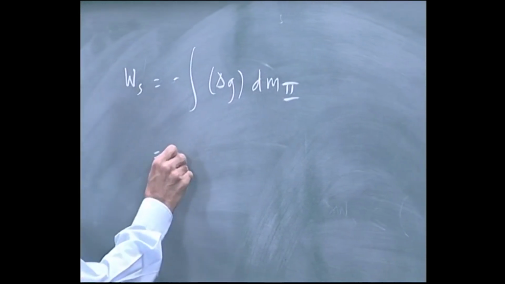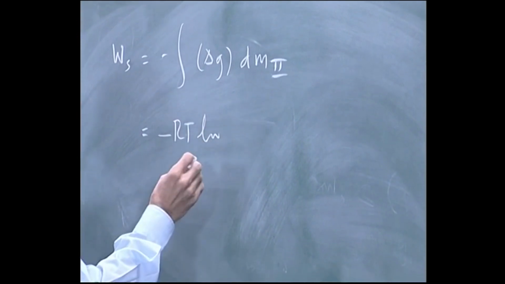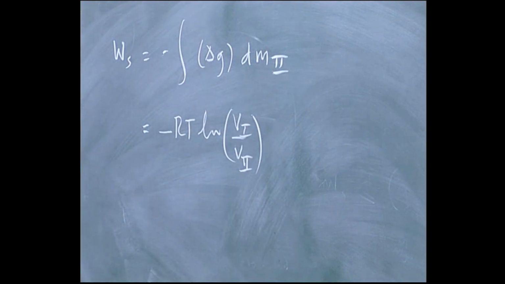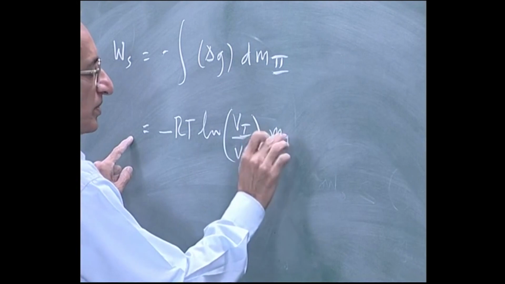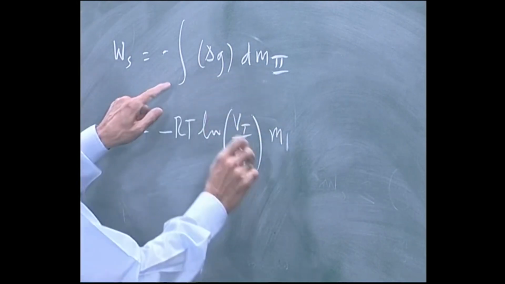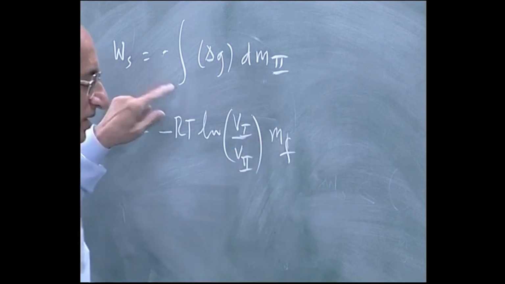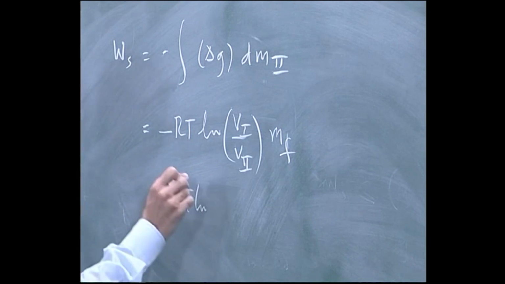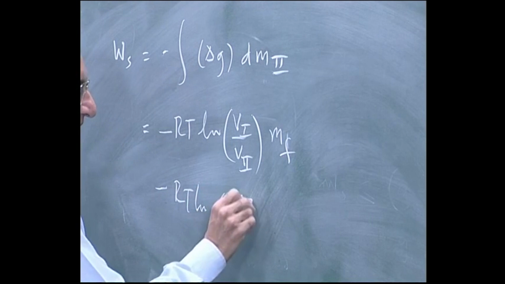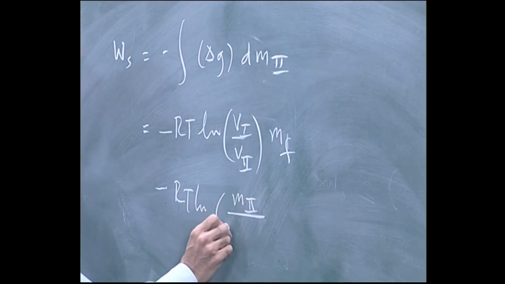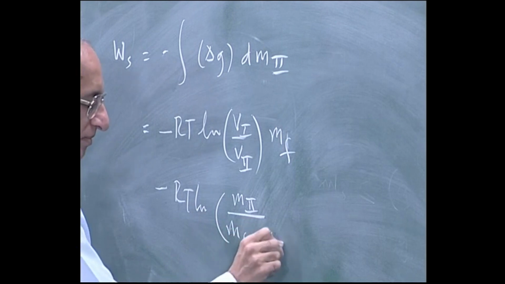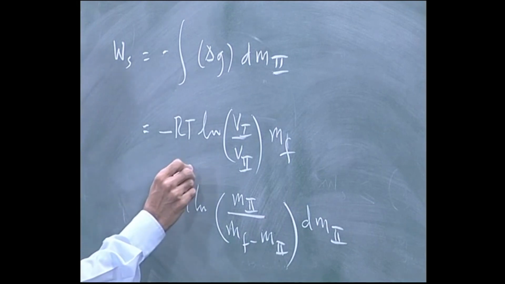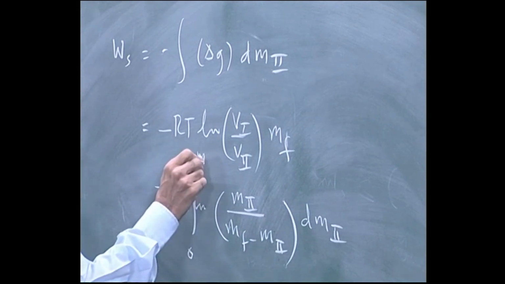I get RT ln V1 by V2, which is a constant, times M2, not M2, the total integral is M2 equal to 0 to total mass into M final. Integral of this from M2 equal to 0 to M final.